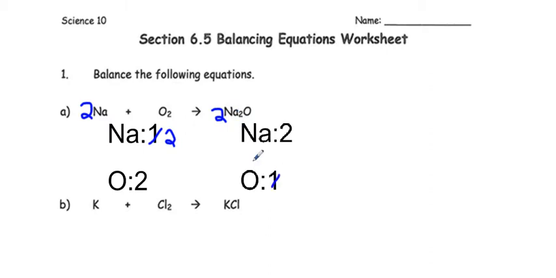So if I do that, you can see I'll have 2 oxygens now. And oh darn it, I'm not going to have 2 sodiums now. I'm going to have, let's see, 2 sets of 2, 2 times 2, 4 sodiums. And that's okay, because we can always go back and change the sodium over here. We can't increase the number of oxygens without increasing the number of sodiums in this compound here. It's just how it works.